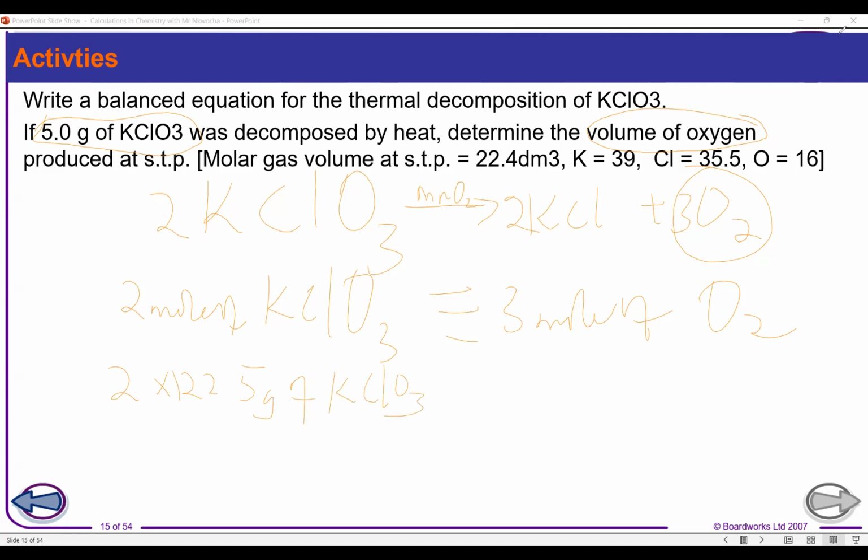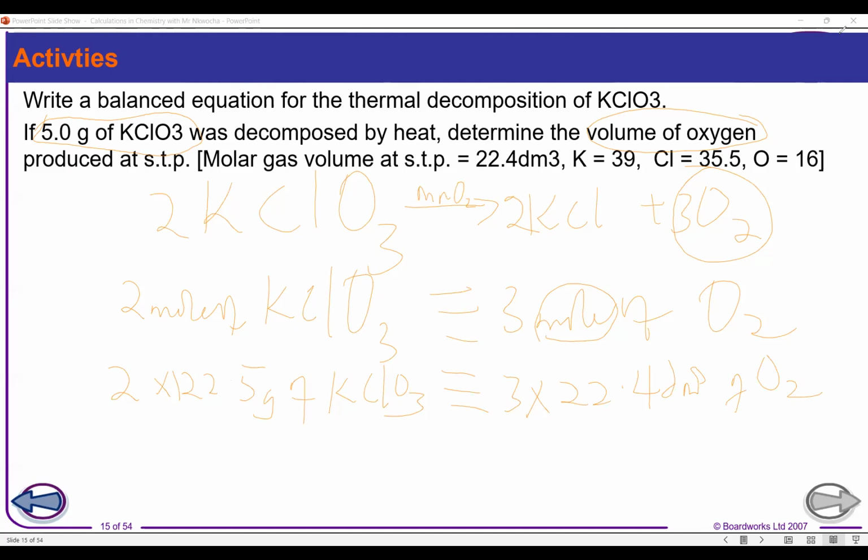I'm no longer going to be writing moles anymore. 2 moles, that means 2 times 122.5 gram of KClO3, will give us, I'm converting these moles to volume now, 3 times 22.4 dm3 of oxygen. I've done what I'm supposed to do. So in the exam, you must be very, very smart. And I know you guys are really very smart kids, so don't be afraid of any calculation in chemistry.